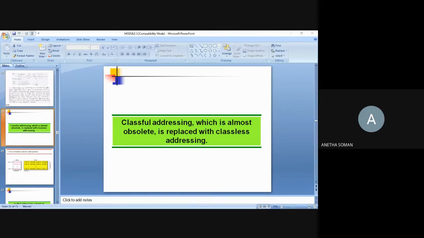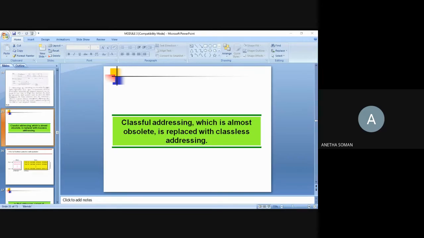And you have also seen the concept of net ID and host ID, and the importance of blocks. In classes A, B, C, you have fixed size blocks. You have also seen what a network address is. Usually when we consider the IP address, you will have two levels of hierarchy.